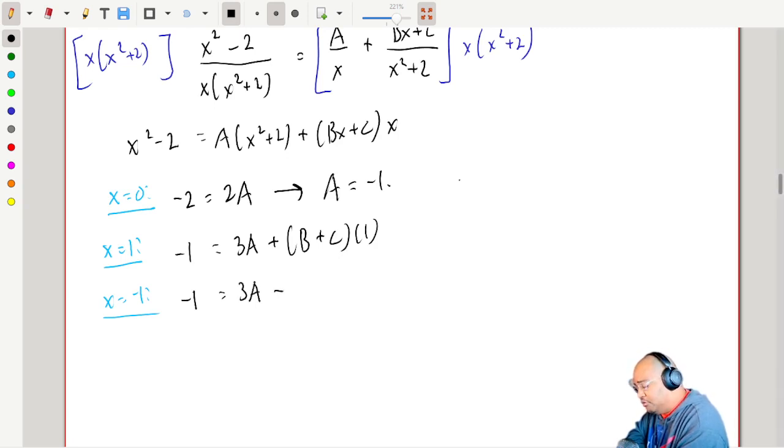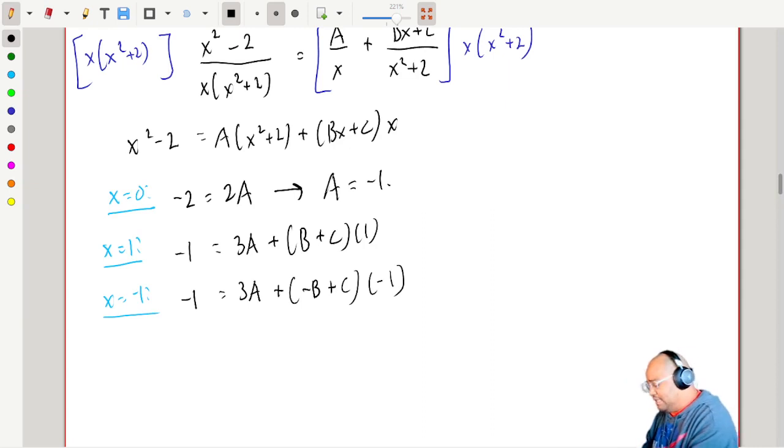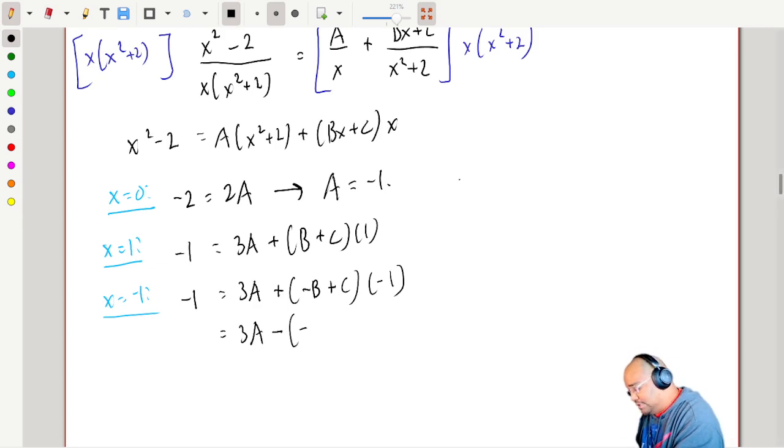Now take a look, we're going to be a little careful here. I'll have a plus b times negative 1, that's negative b, plus c times a negative 1. Let's tidy that up a little. So we get 3a, I'll have a minus here, minus negative b plus c.